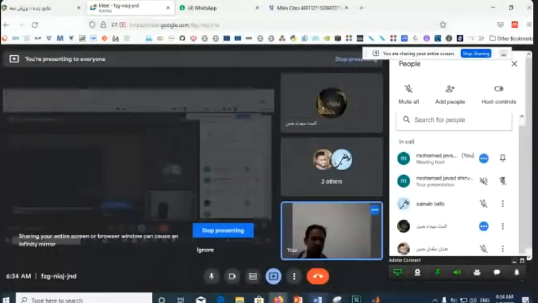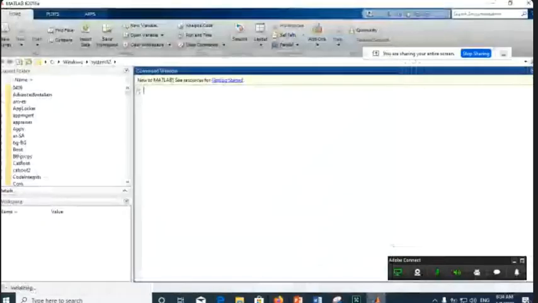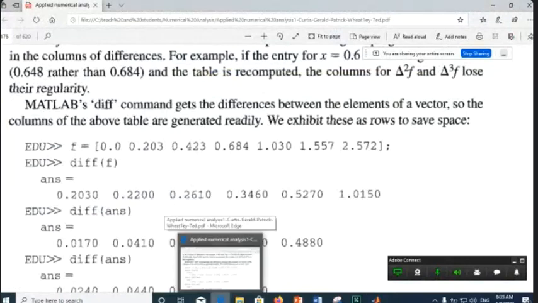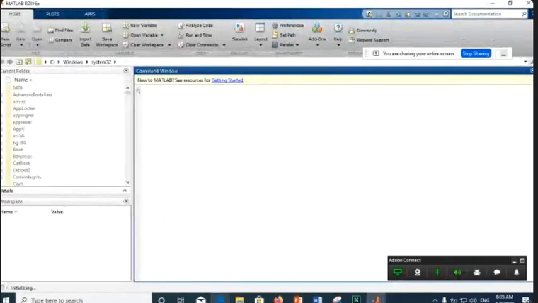MATLAB is not mandatory, but in the case of homeworks, you really need to program some of these questions in MATLAB or other languages, for example Python or Julia.